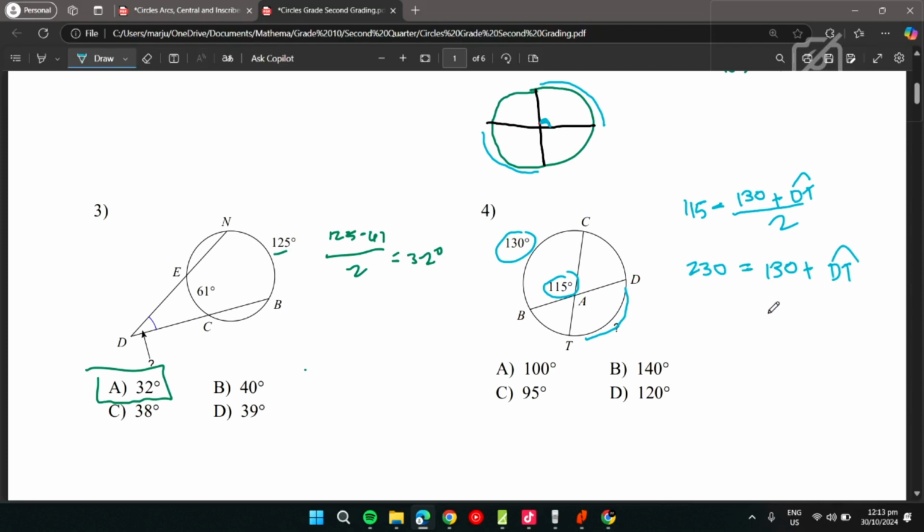And then again, to find arc DT, this is now 100 equals arc DT. So, yung arc DT natin is actually 100. What letter? Letter A. Alright? Klaro ba yung number 4?